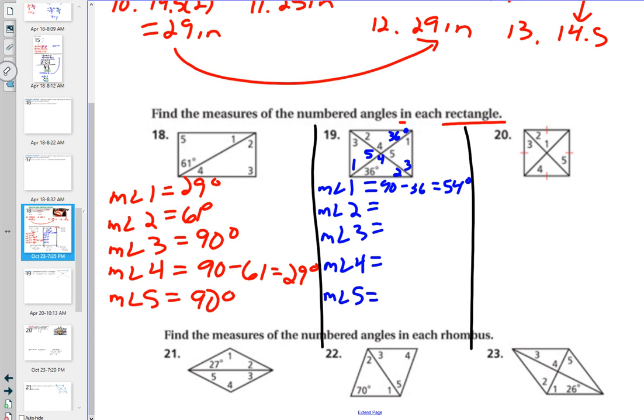And if I know that angle 1 is 54, this is 54 degrees here. So I'm trying to see what could I have enough information. Also 54 degrees.